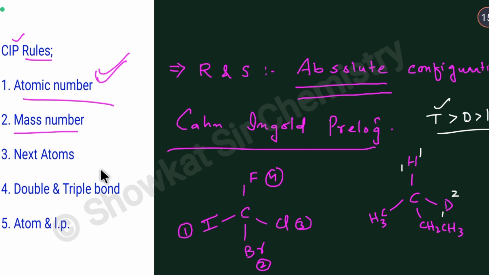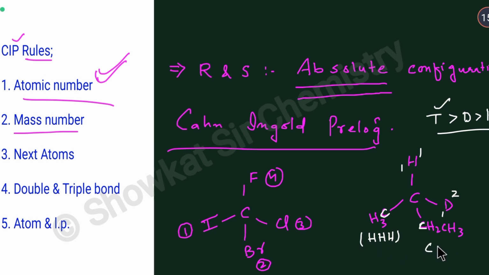Then we also have to remember the next atoms. For example, see here it is carbon, atomic number 6, mass number 6. Here it's also carbon, atomic number 6, mass number 6. Then what will you do? You will just move to the next atoms. Here the next atoms are carbon, hydrogen, hydrogen, but here it is hydrogen, hydrogen and hydrogen. All three are hydrogens, so its priority will be low.